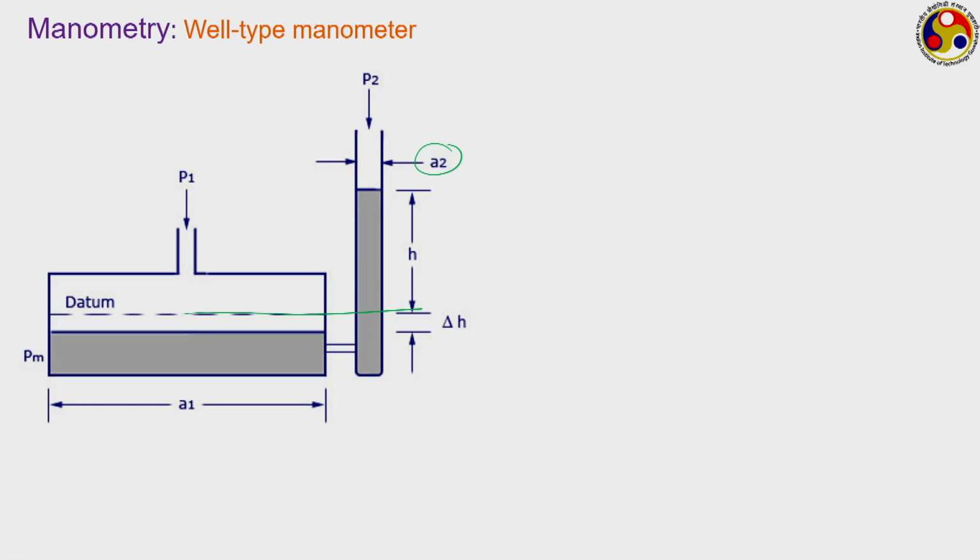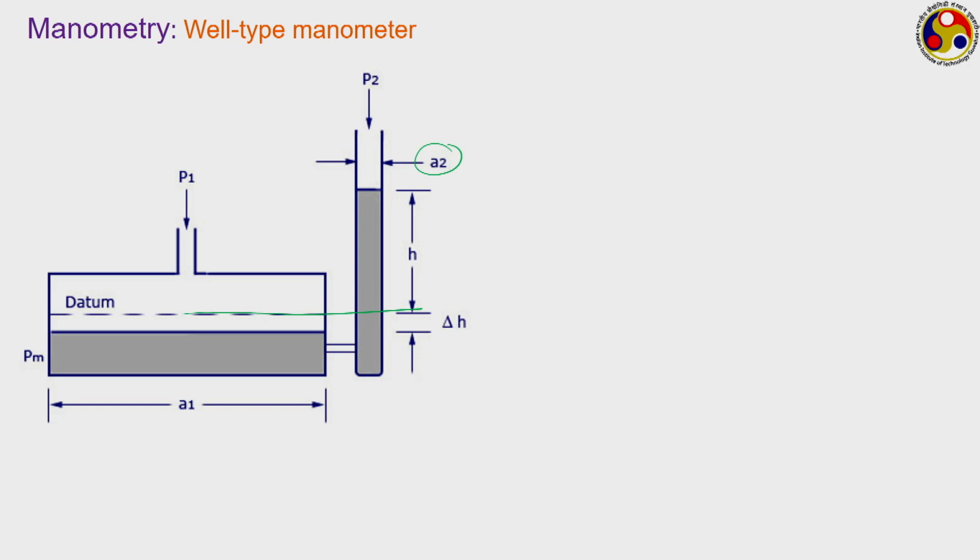If P2 is lower than P1, there will be a reduction in the fluid level in the big tank, displacing some fluid from the tank into the cylinder and leading to the formation of a fluid column, generally a liquid column.